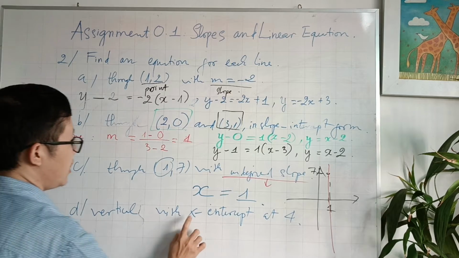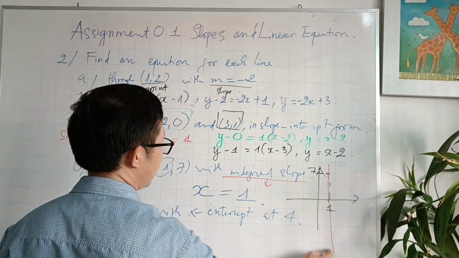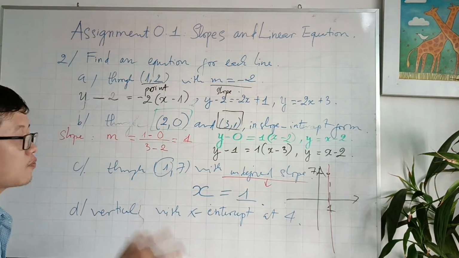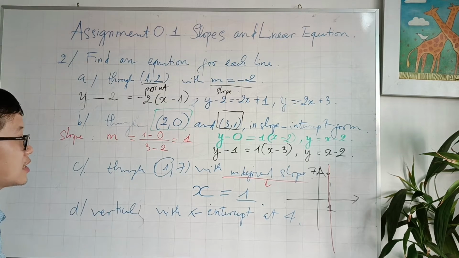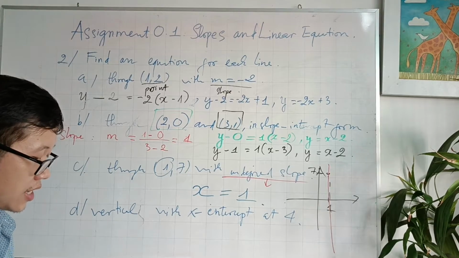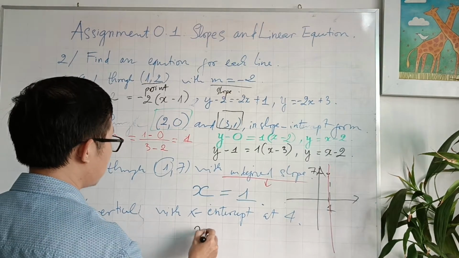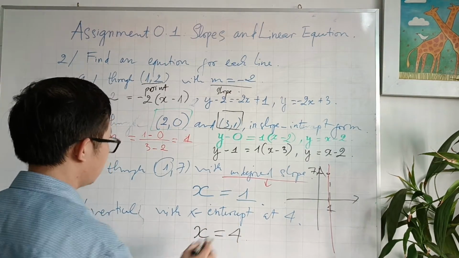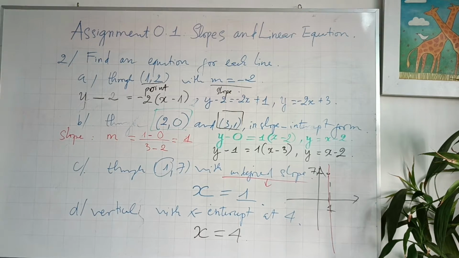Vertical with x-intercept is perpendicular to the x-axis. So the answer is x equals 4. Okay, that is the four questions A, B, C, and D.